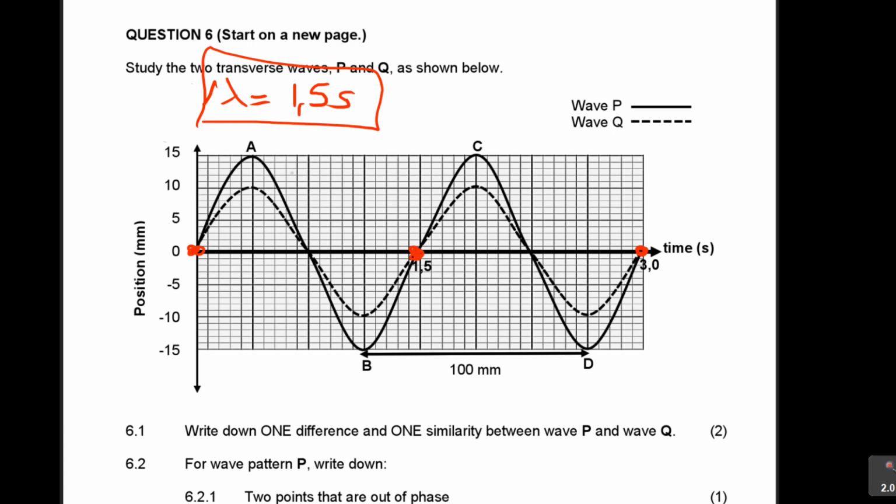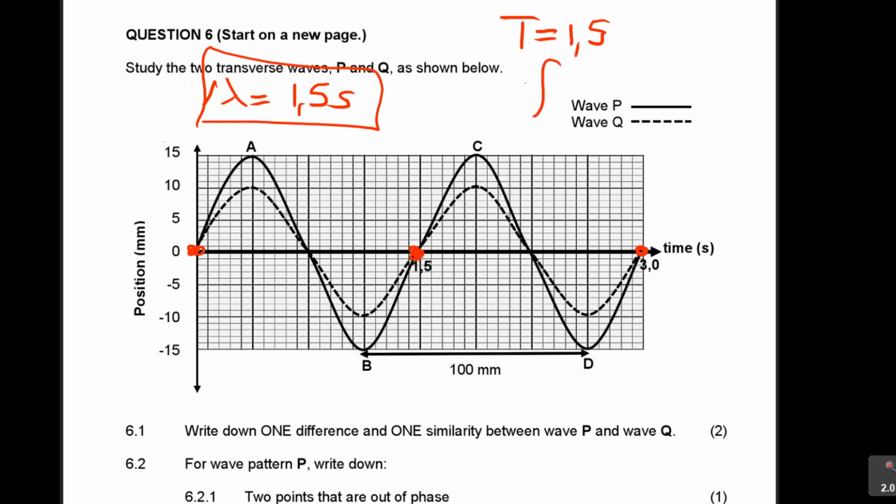So we said frequency is the number of waves passing a given point in 1 second. So what is the period there? Period T is equal to 1,5. And we said period is the time taken for 1 wavelength.